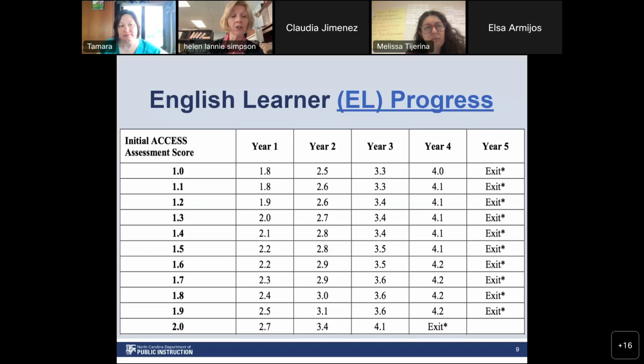This is counted as year 0. So if I'm a kinder, by the end of elementary school, I'm expected to have exited. So yes, the EL progress is like an all or nothing. If you haven't met the exiting time frame, then they're counted against you every year until they do exit.